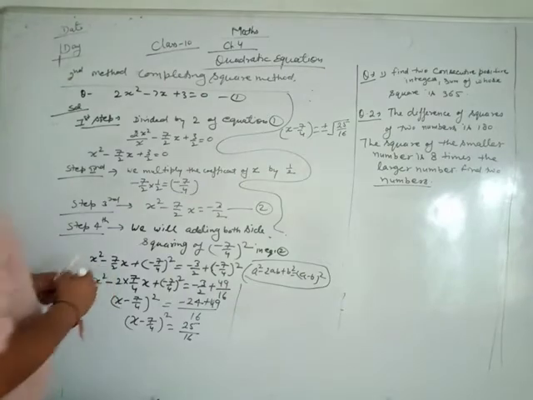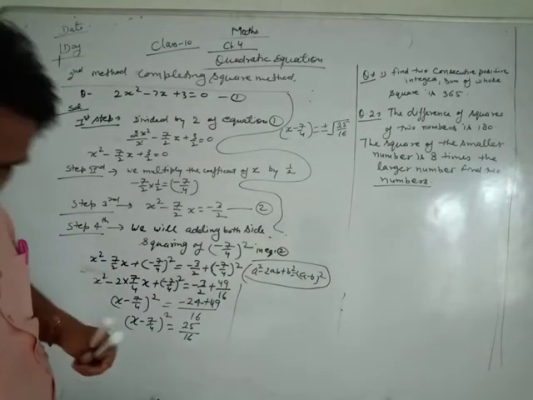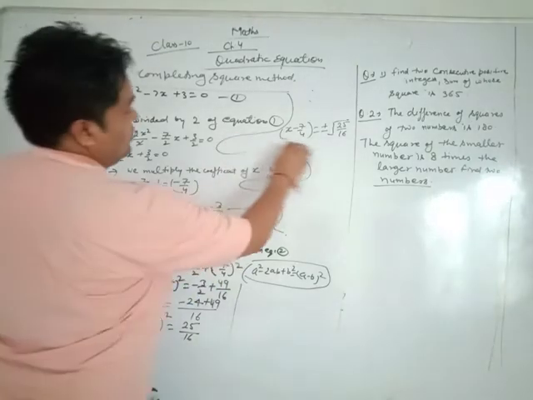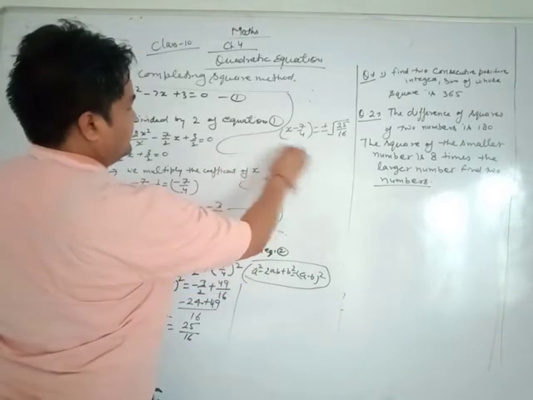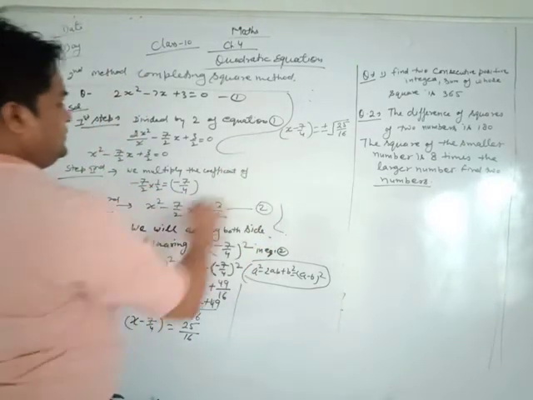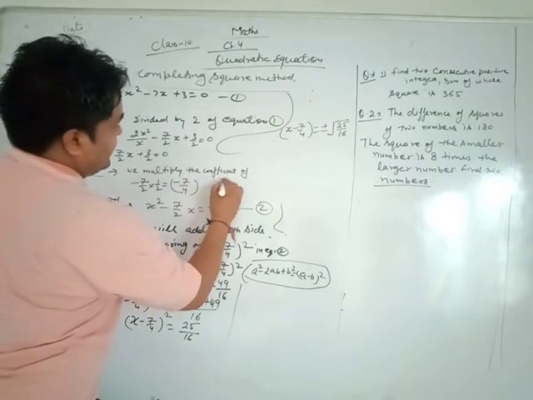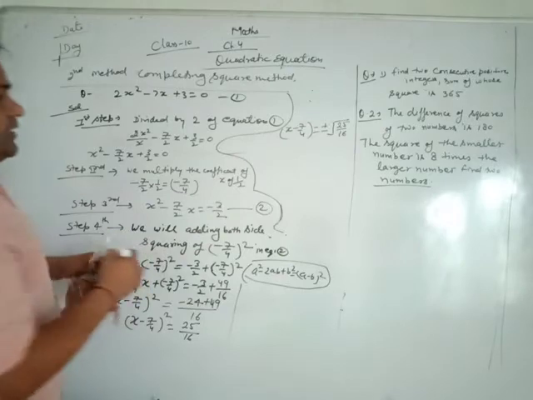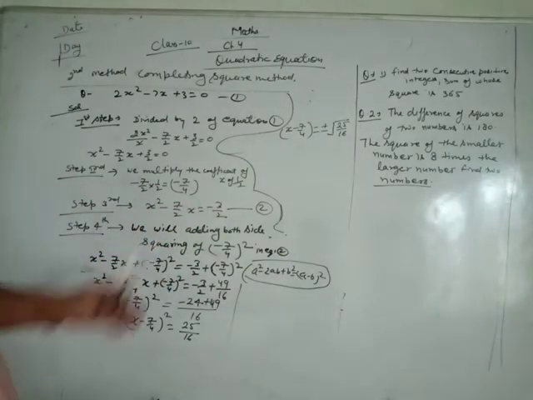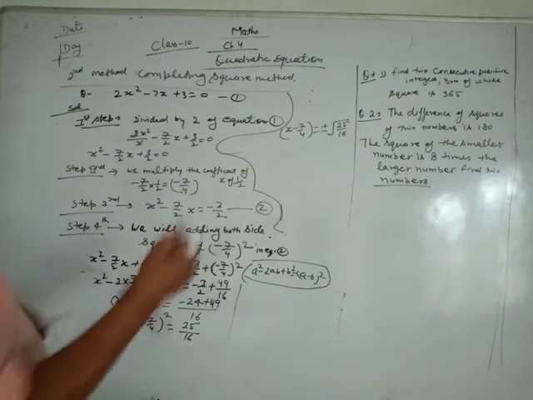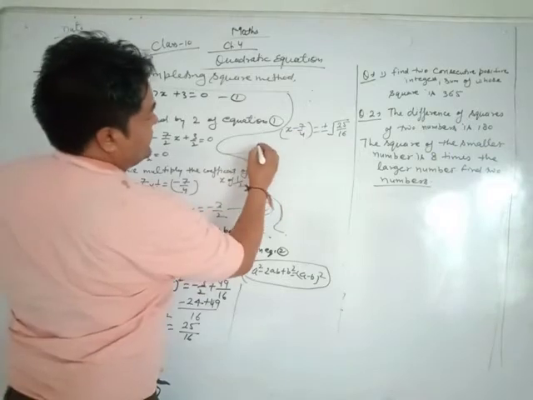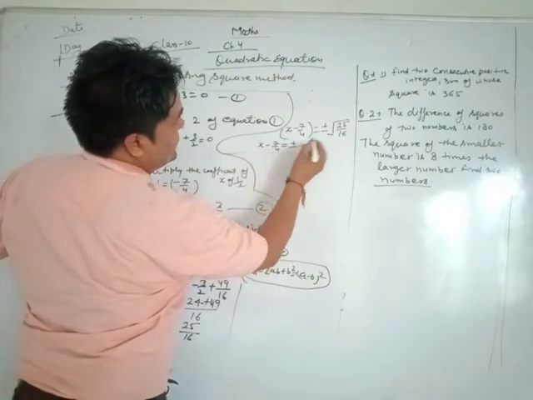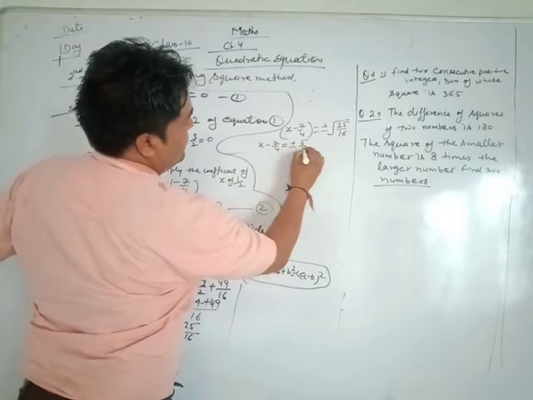You know that if we remove the square on one side, then on the other side we will take the root. Again x minus 7 by 4 equals plus minus 5 by 4.